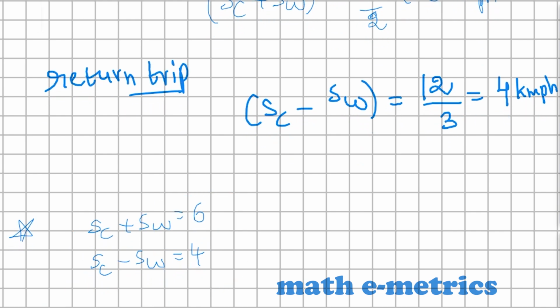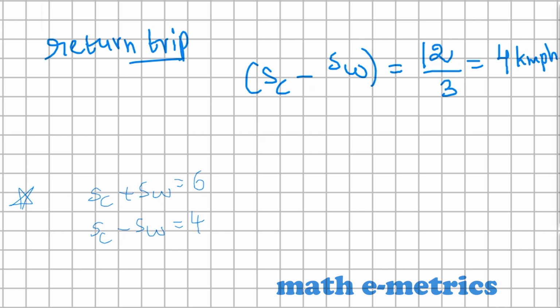How can you find SC and SW now? How can they relate to the current chapter? They're like ax plus bx equals c. Lines. How many variables are there in total?